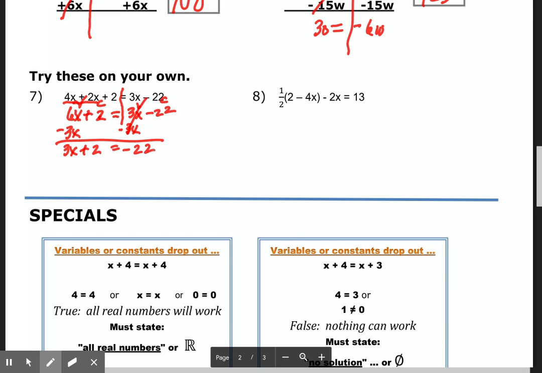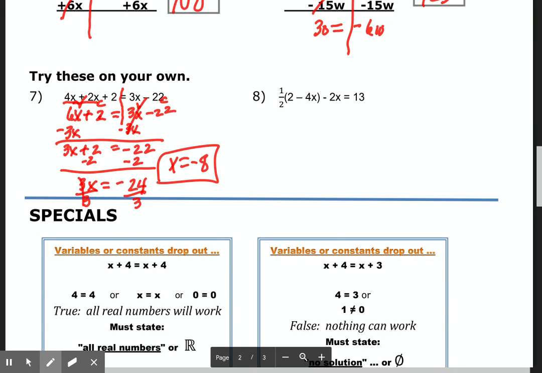And then it's just a regular two-step equation because I have two constant terms. So I'm going to subtract 2 from both sides. I get 3x equals, same signs, add, and keep the common sign. And then I divide by 3. So my x is equal to negative 8.